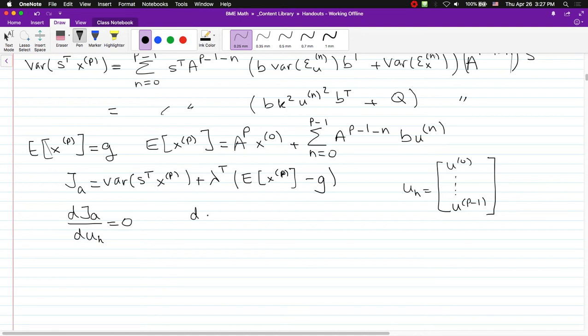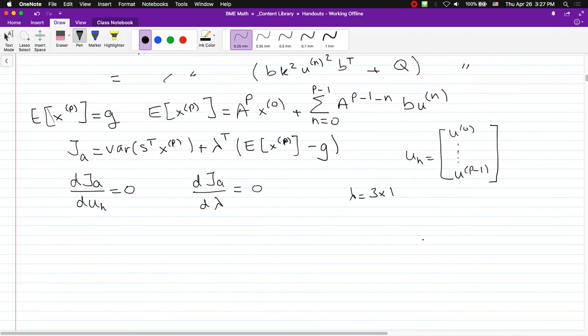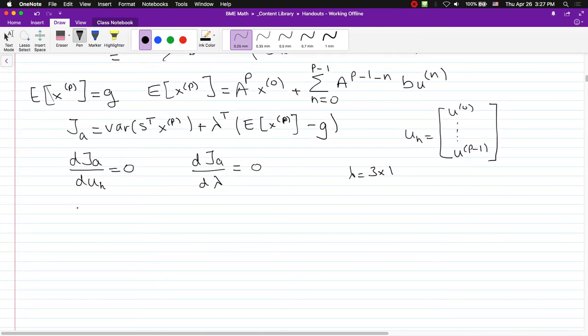Also, because we have a constraint, the derivative of J with respect to lambda has to be equal to 0 as well, where lambda is a 3 by 1, because this expected value of x of p is a 3 by 1. So we have to meet both of these equalities. So let's do it. What's the derivative of J with respect to U H? So we begin by finding the derivative with respect to U0.